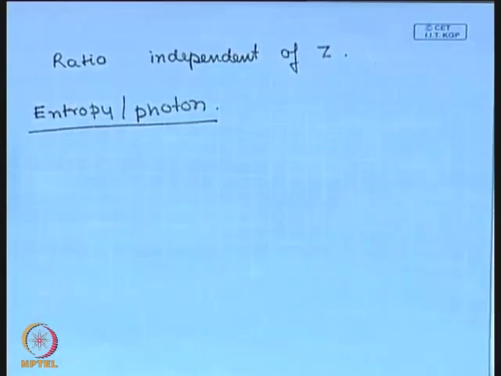How much is the entropy per photon of the CMBR? Now the entropy doesn't depend on the details of the process if you have a reversible process.